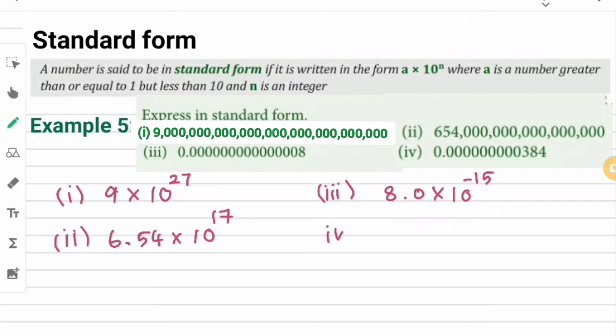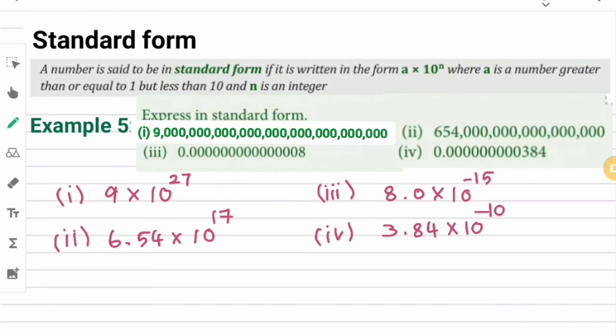And fourth subdivision, same way. Yes, we have to move towards here. So I'm going to write it as 3.84 into 10 to the power minus 10.